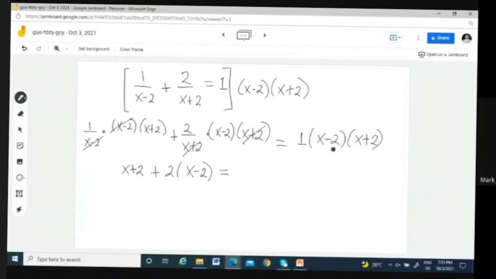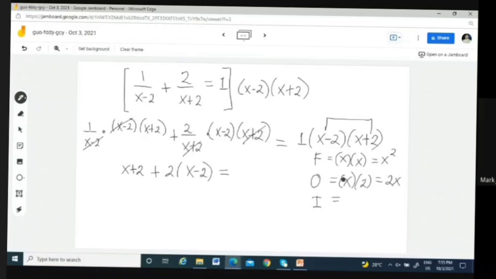So we can use the FOIL method for x minus 2 times x plus 2. For the first terms, we have x times x, which is equal to x squared. For the outside terms, we will be having x times 2, which is equal to 2x.